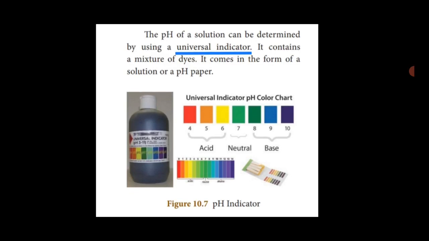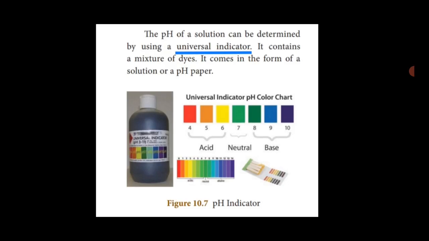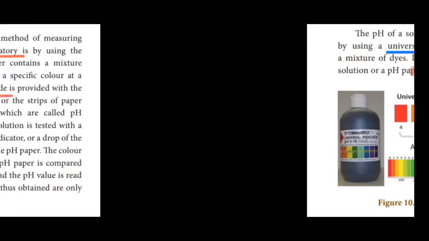Red, orange, and yellow indicate acids. Light green indicates a neutral substance. Dark green, blue, and violet indicate bases.